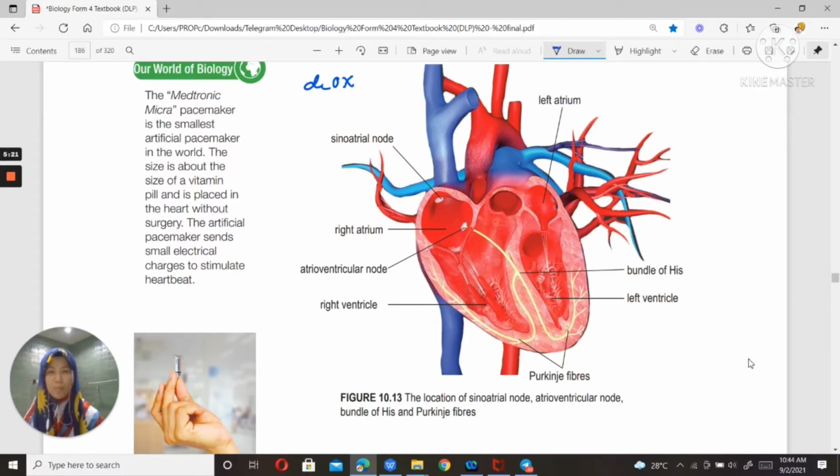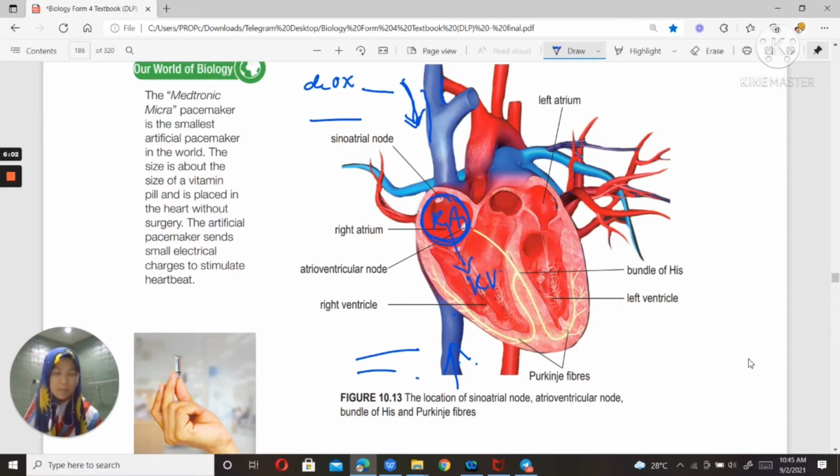Deoxygenated blood from the upper part of your body will enter your heart through the superior vena cava, and from the lower part of your body through the inferior vena cava. So the blood now will fill the right atrium. When the right atrium contracts, the blood will be pushed into the right ventricle.